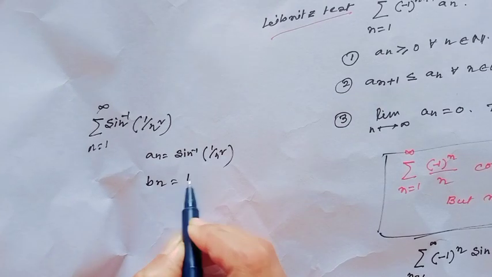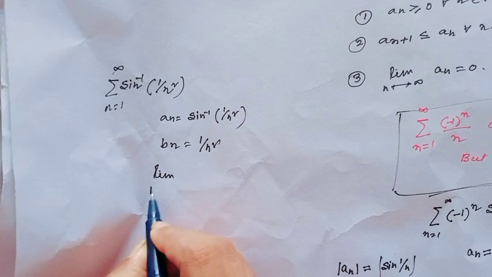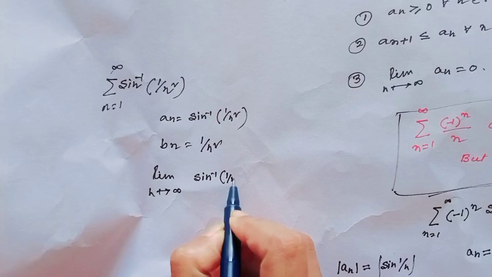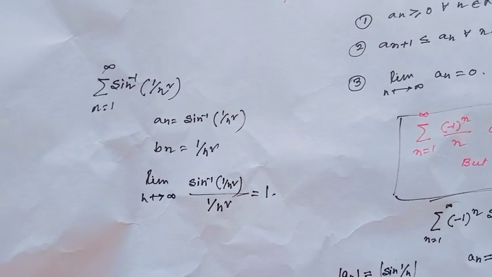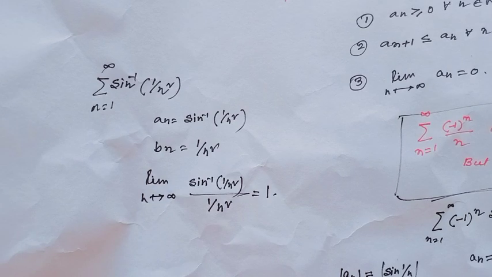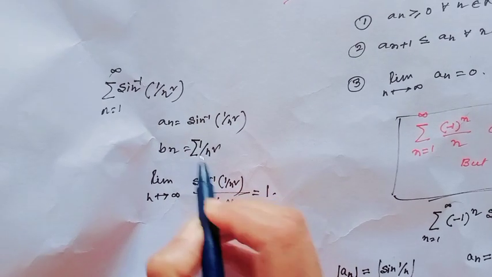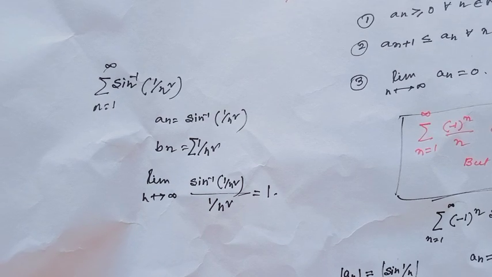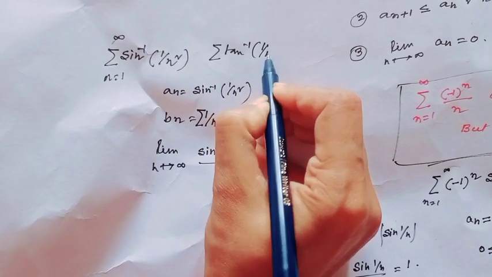Consider bn equal to 1 over n square. Then the limit as n goes to infinity of sin inverse 1 over n square over 1 over n square. Obviously this value is 1. Since this value is 1, which is a finite value, and the series bn is convergent, therefore sin inverse 1 over n square is convergent. Similarly, we can tell tan inverse 1 over n square is convergent.